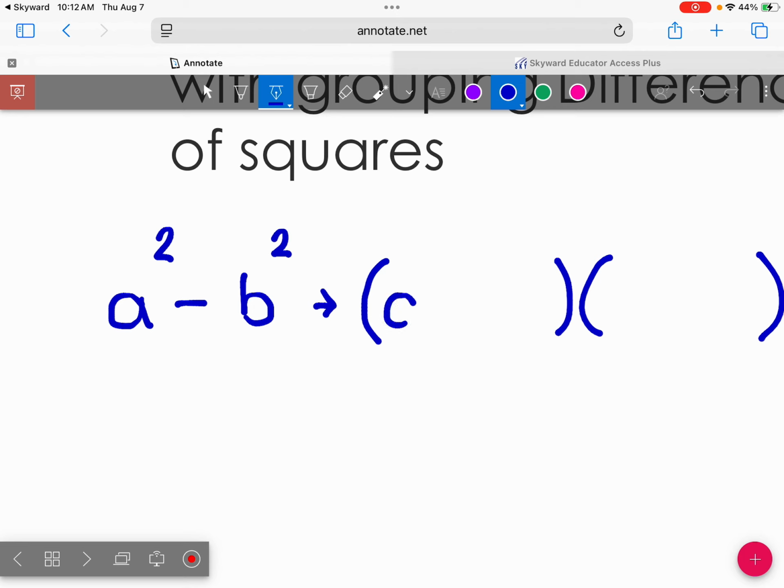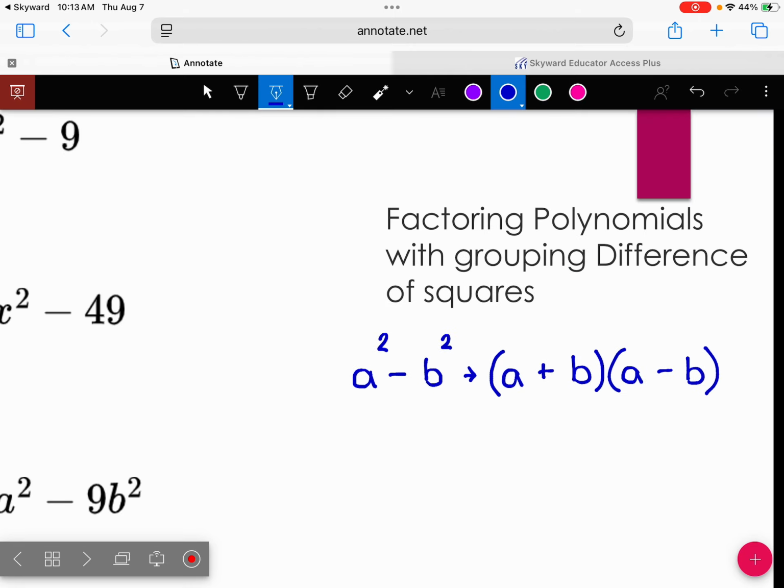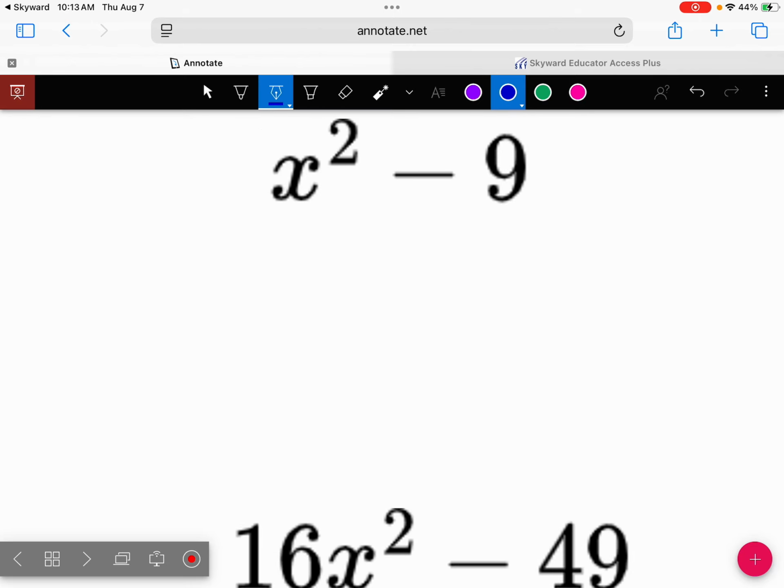And it's going to have whatever was squared to make the front term in front, so a. Whatever was squared to make the back term in back. One piece gets a plus, one piece gets a minus. Again, you don't have to memorize that, but it will save you a bunch of time throughout the year because we use difference of squares a lot.